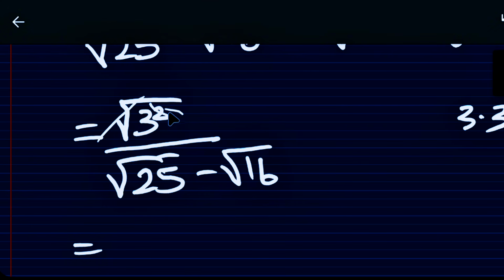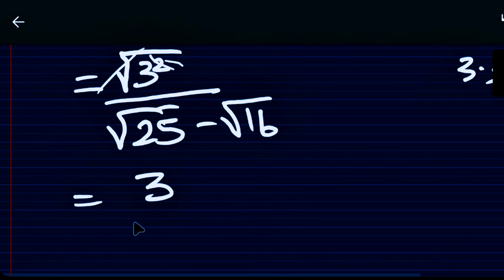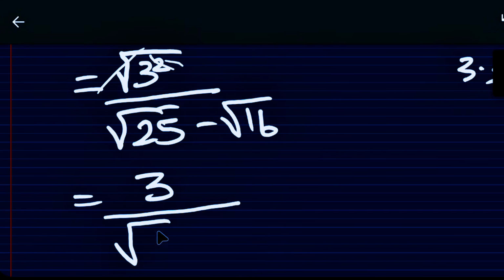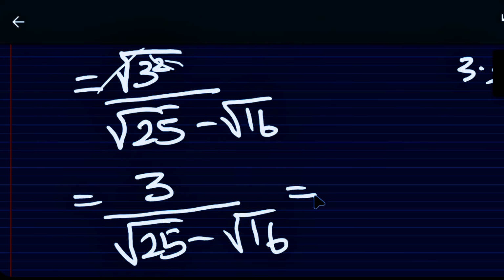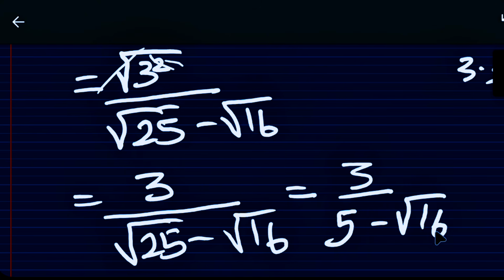So in the numerator here, we are left with 3, then divided by the square root of 25 minus the square root of 16. Now this will be equal to 3 divided by the square root of 25, which equals 5, minus the square root of 16.